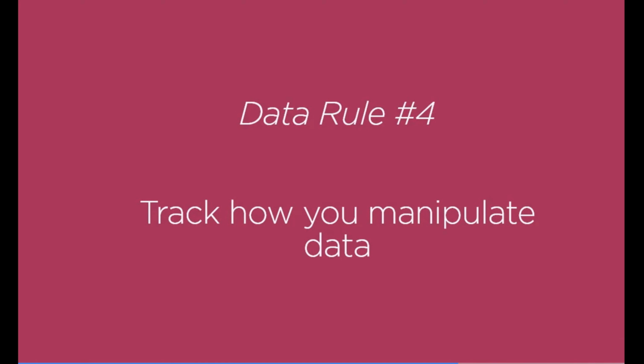This brings up data rule number 4, track how you manipulate data. A lot of manipulation of data that you do in machine learning is trial and error. When you manipulate the data, it's very easy to change the meaning of the data. This can be done intentionally, but it can also be done unintentionally. By keeping track of manipulations of the data, you can always reproduce your data at any step and see where you went wrong.